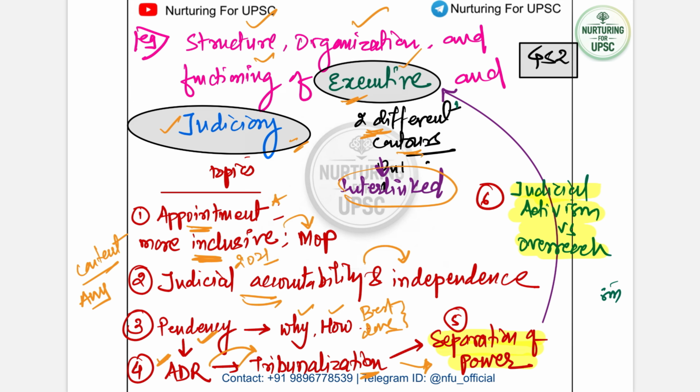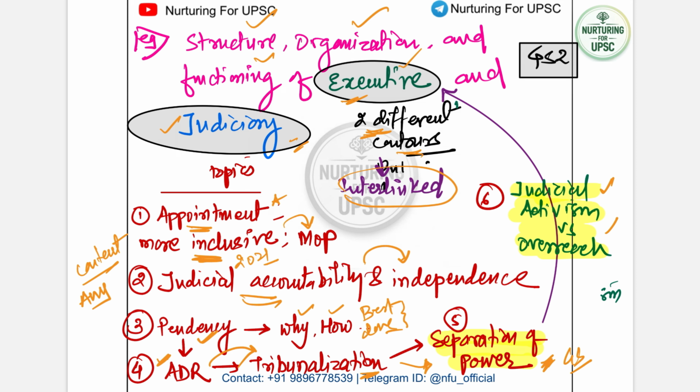So I hope you are understanding how I linked one topic, structure, organization, functioning of judiciary, to separation of power, which is another topic of GS2. And since there is a debate around separation of powers, automatically the next question in the linkages and thought chain would be the debate around judicial activism and judicial overreach.